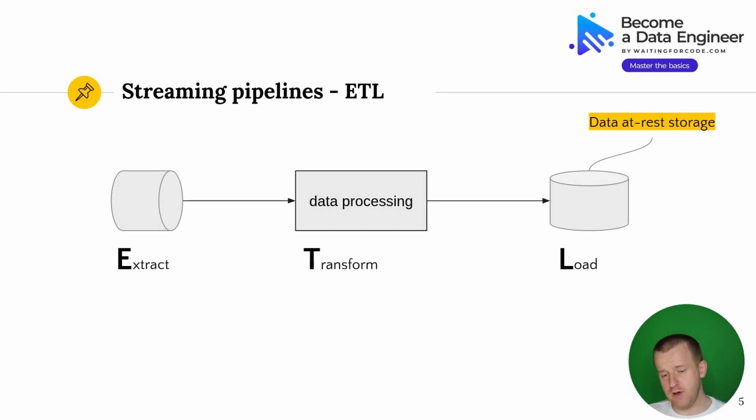As I said previously, we may need to synchronize streaming data with data at rest storage for batch processing, but we may also need to generate some data in real time and expose it to, for example, an API service that will be better at querying it from, for example, a key-value store or an in-memory database.